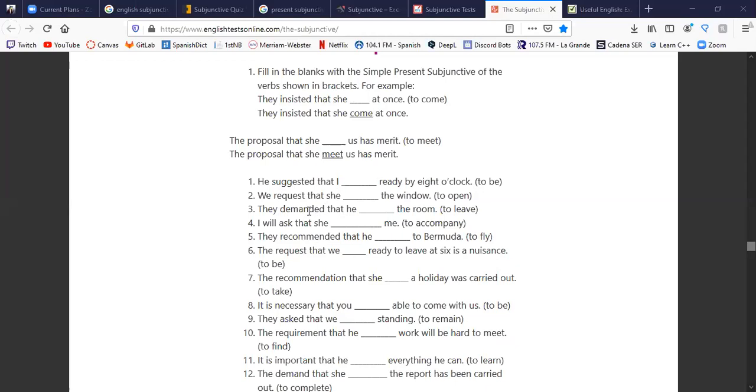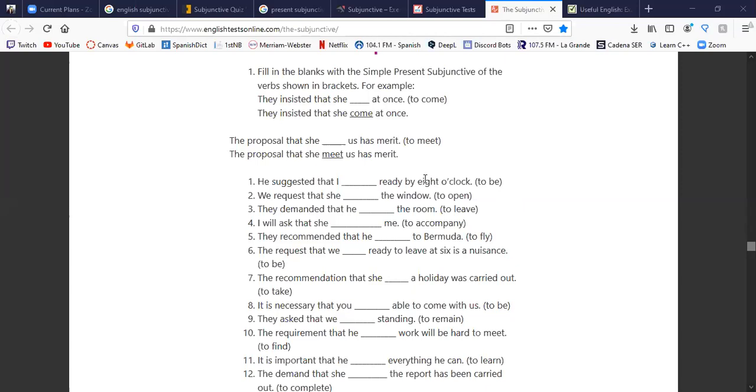They demanded that he leave the room. Yes, that's correct. Anyone else want to answer? Maxip, PP, Luigi? You can type in the chat or just unmute your mic, either way.